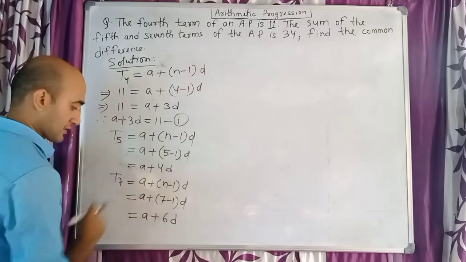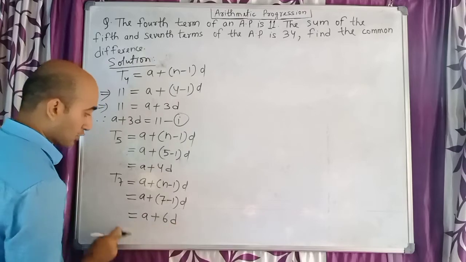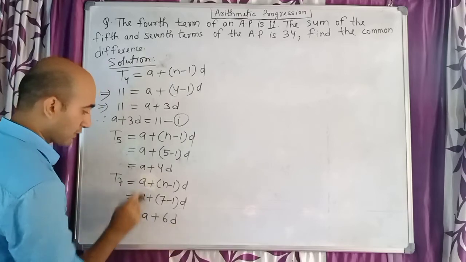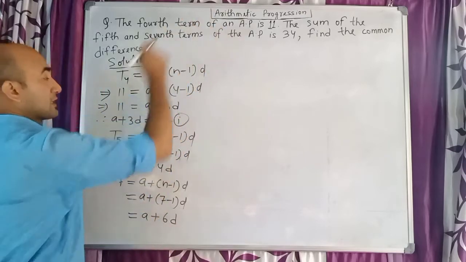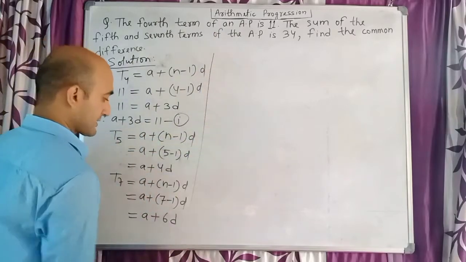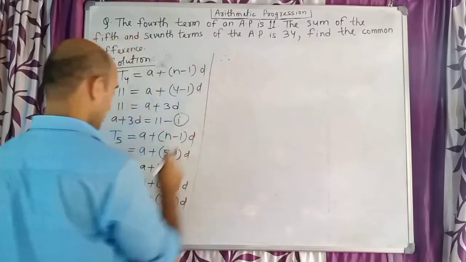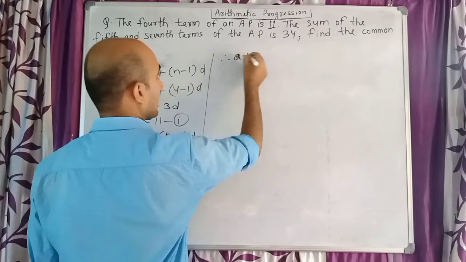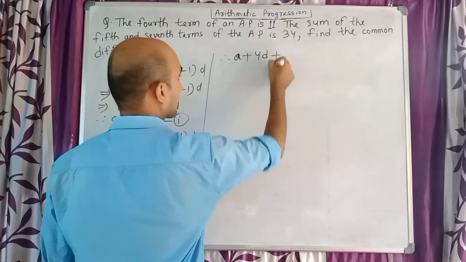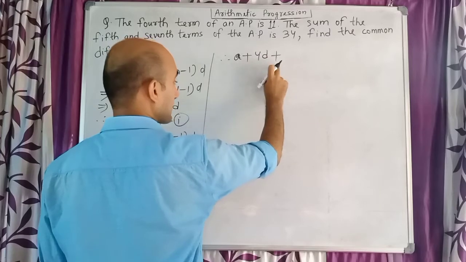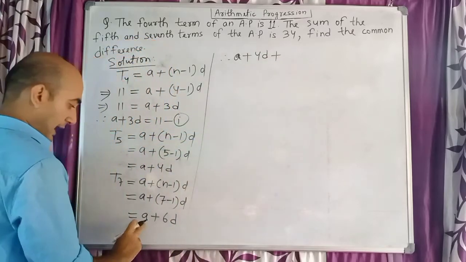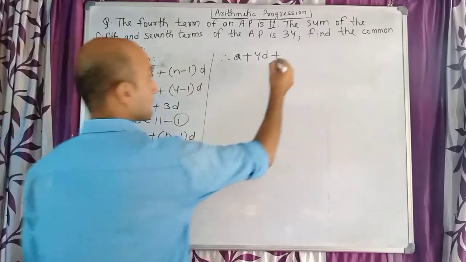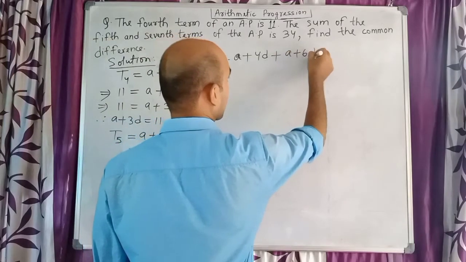Now what you do is take the sum of the fifth term and the seventh term. When you add both of them, the result is 34. So the fifth term is A plus 4D, plus, sum means plus, and the seventh term is A plus 6D.